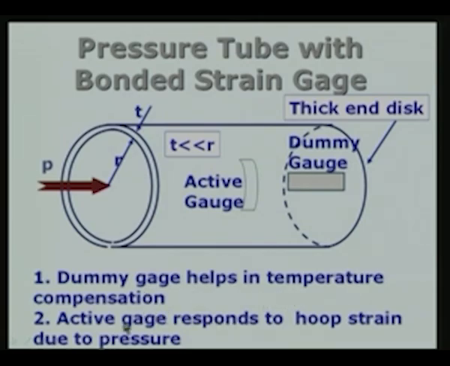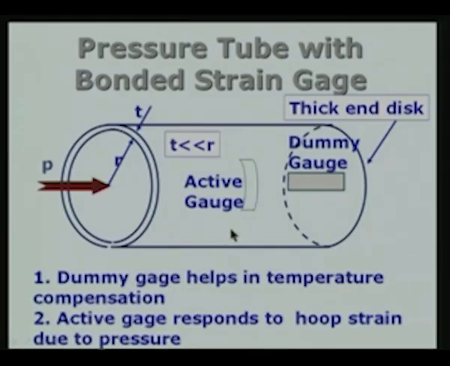Now, why do we have a dummy gauge? Suppose I have the active gauge here, and suppose the pressure is introduced inside the tube. It will of course undergo a strain because of the hoop strain, and therefore, it is going to undergo a change in resistance because of the change in length, as we shall see in a little while, and therefore, the resistance of the gauge is going to change.